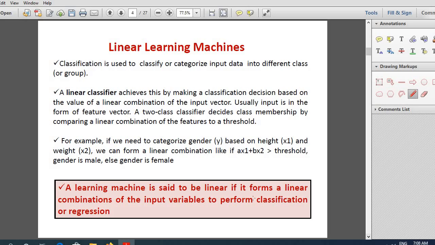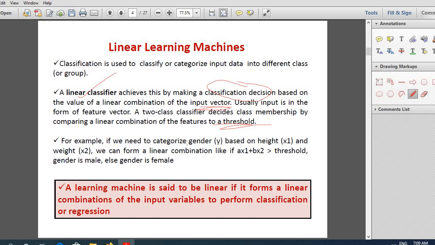What a linear classifier does is that it makes a classification decision based on a linear combination of the input vector. It makes a linear combination of the input vector and compares it to a threshold. That is how it classifies the data.